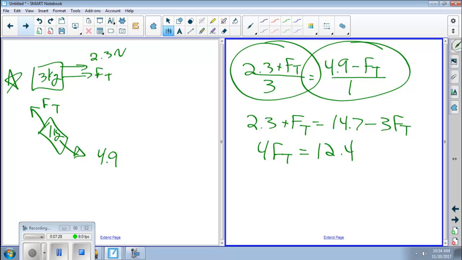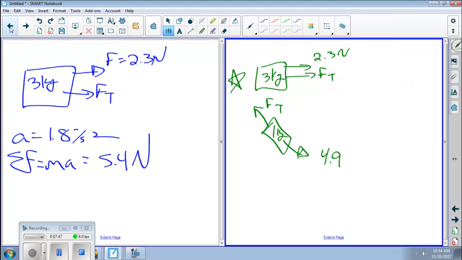Or the bottom box. Why didn't you just do net force equals mass times acceleration for the one box? I was just doing it the way that Cam did it. That's how I do it all the time.